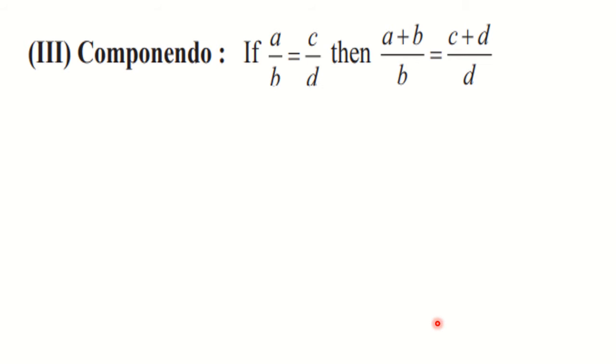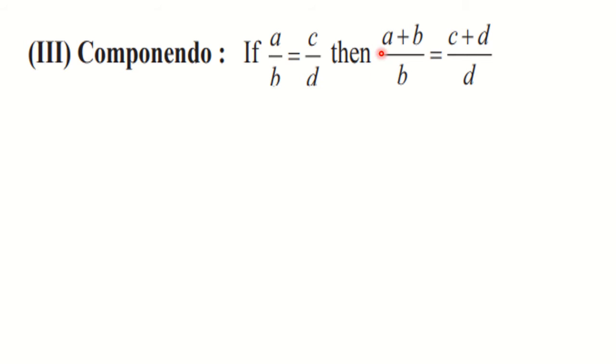Then third operation called as componendo. Okay, so the word componendo, you have to keep related with addition. Componendo, to combine. Okay, so here componendo stands for addition. Keep in mind, componendo means addition. What addition you are going to do is, you are going to add denominator to the numerator. See here, a upon b is equal to c upon d. These are equal ratios.